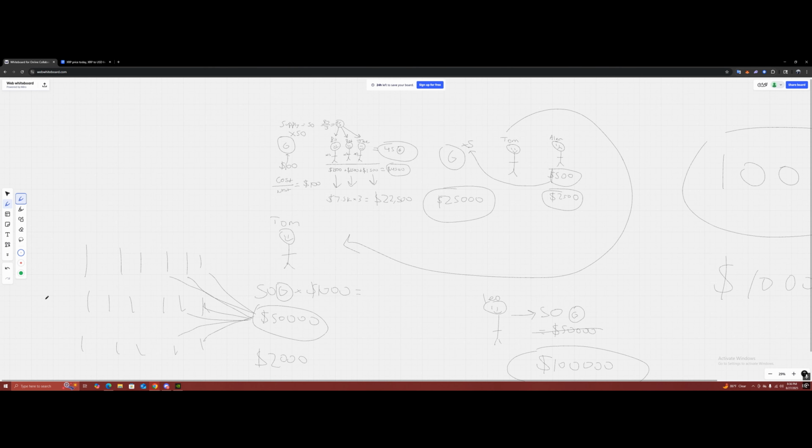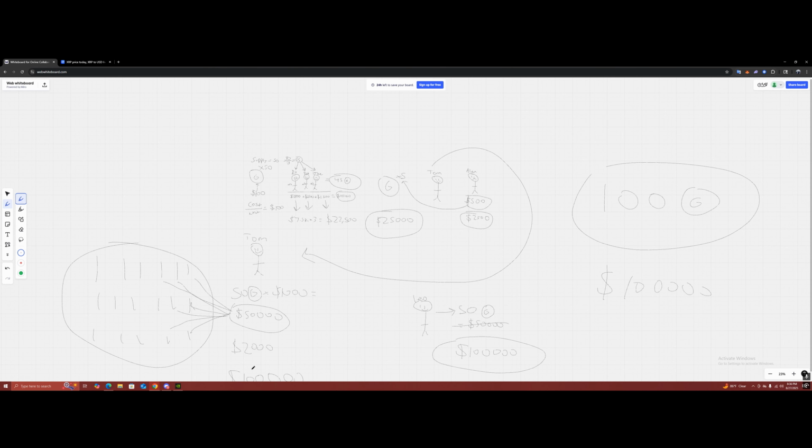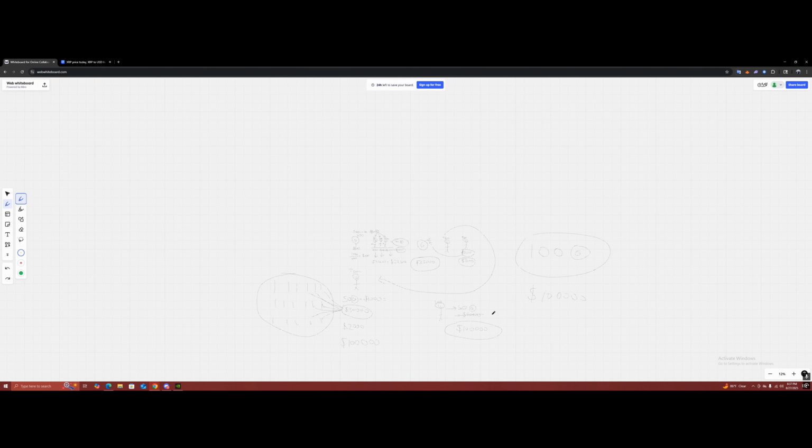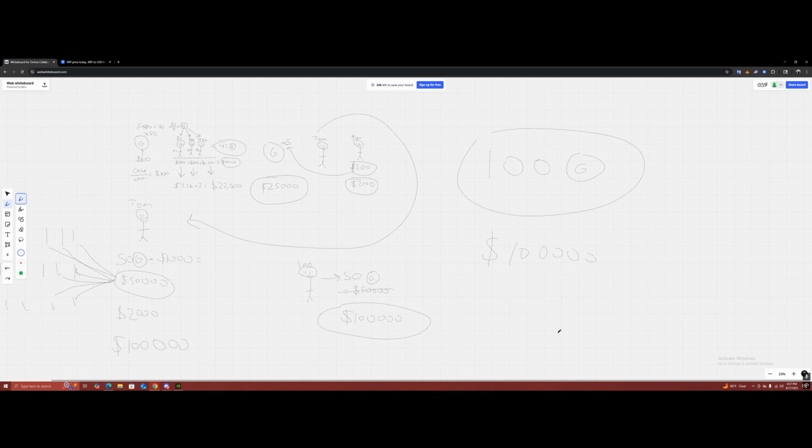So these people who bought at $2,000 a piece got completely screwed over. So the price of G coin, let's break this down. It originally started at $100, then it went to $500 when it went to Alex, then it went to $1,000 with Tom.